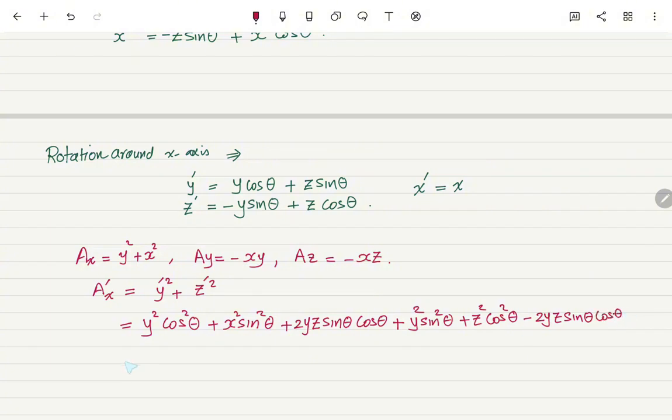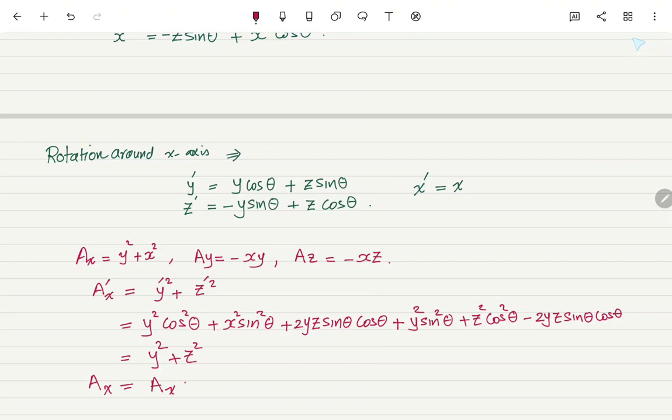So after all, we just simplify this one here: y square plus z square. So ax prime is actually equal to ax. So the first point here satisfies the vector transformation.